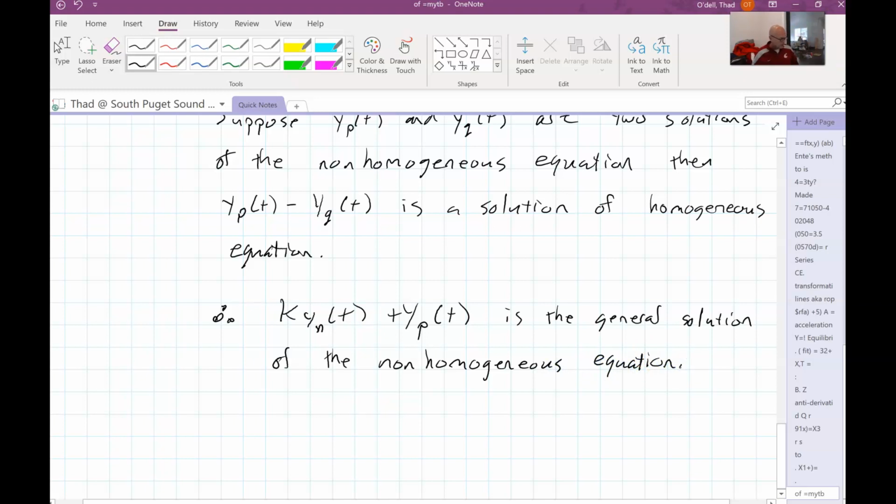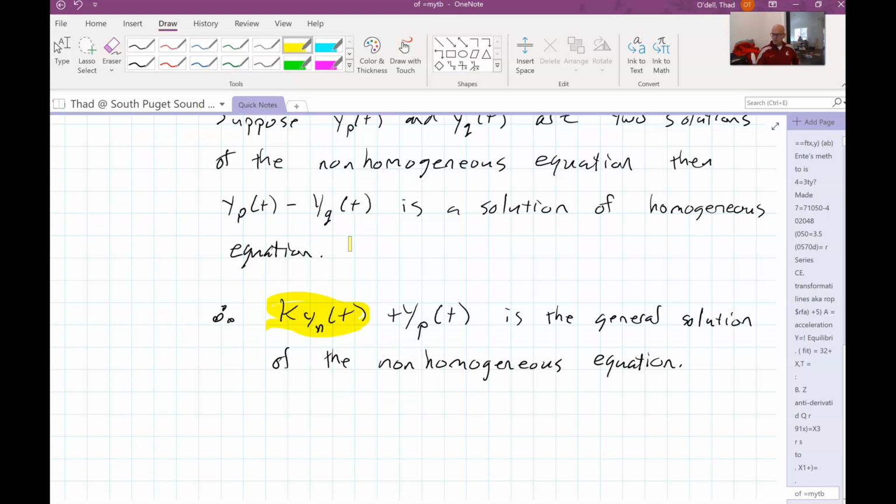So that is the linearity principle extended to deal with non-homogeneous equations. The basic idea is if we can come up with a solution to the homogeneous part, the a of t times y, which we should be able to because it's separable, and then we can come up with one solution for the whole equation, then we can add those two together to get the general solution.